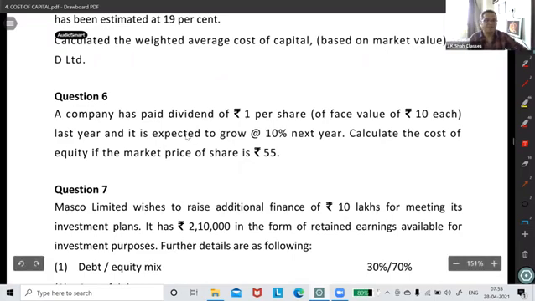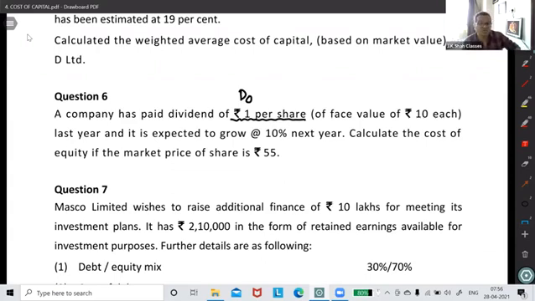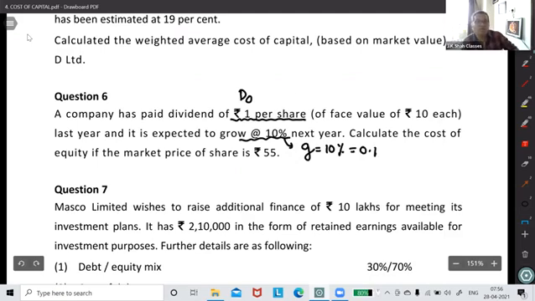Okay. So company has paid rupee 1 per share. So this is D0. Face value 10 last year. And it is expected to grow at 10%. So guys, this 10% is our G. That is 0.1. And because of that, D1 would be D0 plus G.